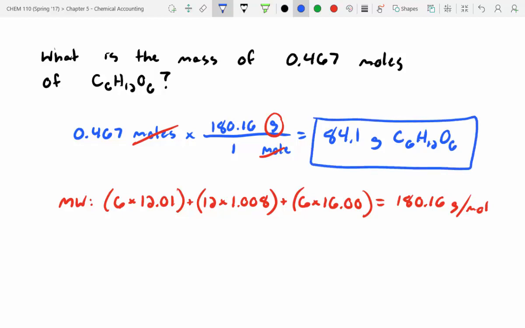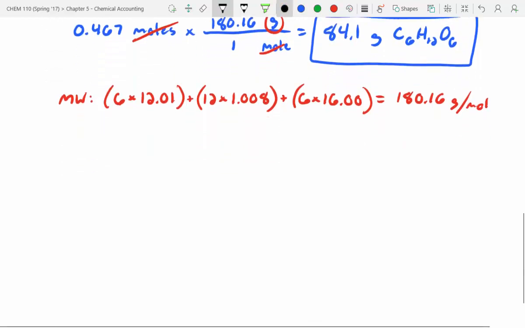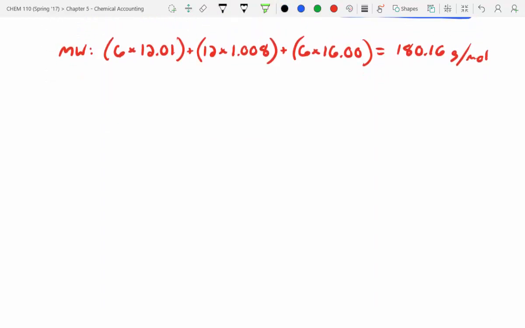Does that make sense? So it's pretty easy to convert from grams to moles, but now let's switch gears and talk about just simple things. So we'll switch to counting rather than moles. Okay, so let's do atoms or molecules to moles.